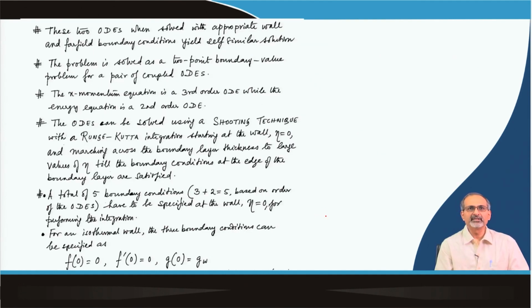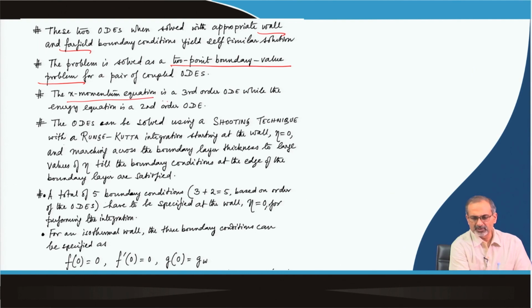Now, in order to solve these equations, you will also need the compatible boundary conditions, both at the wall as well as the far field, that we have already learnt from our previous discussions. This is basically a 2-point boundary value problem, because you are satisfying boundary values on one end at the wall and at the other end at the edge of the boundary layer. The x momentum equation is a third order ODE, while the energy equation is a second order ODE.